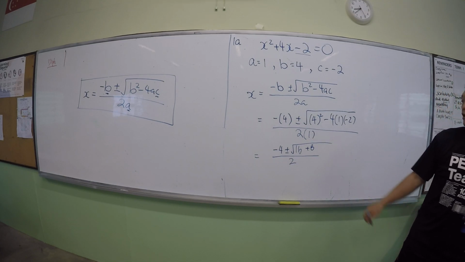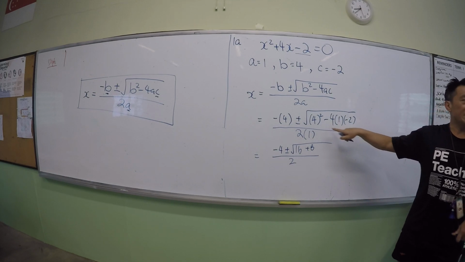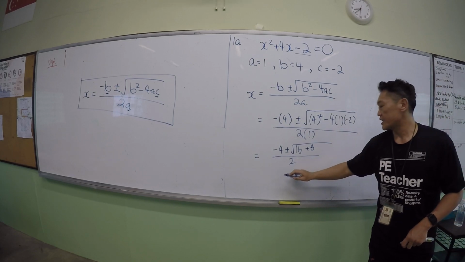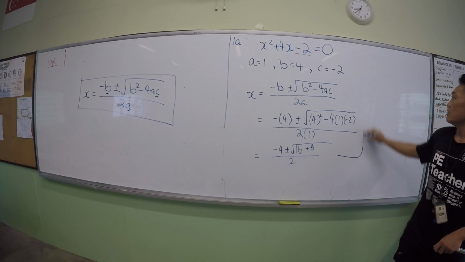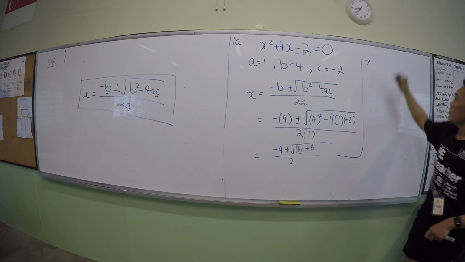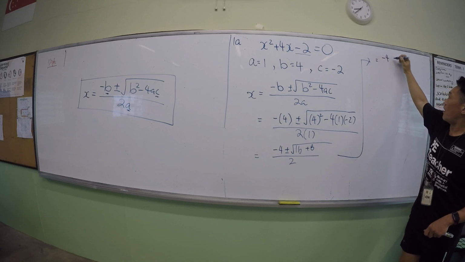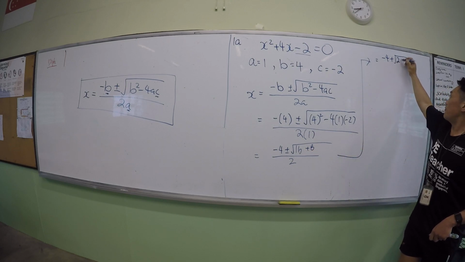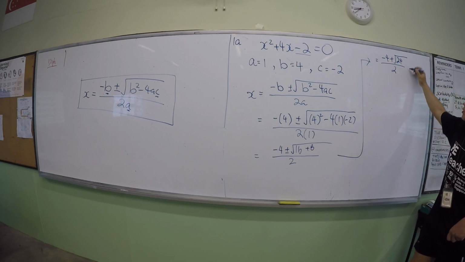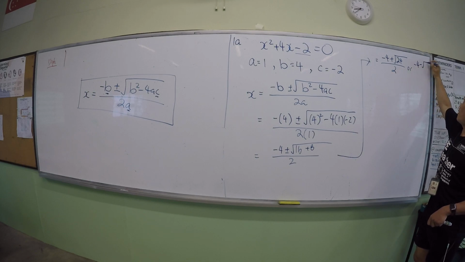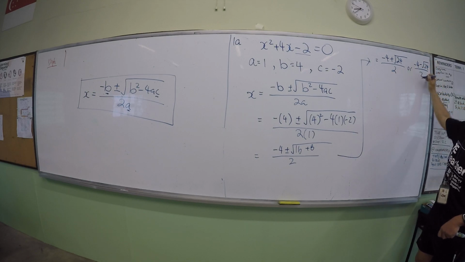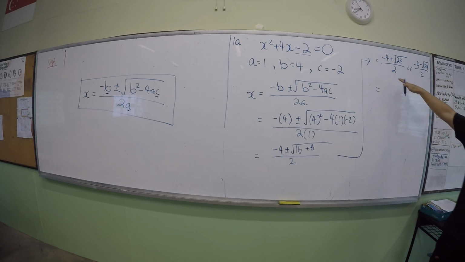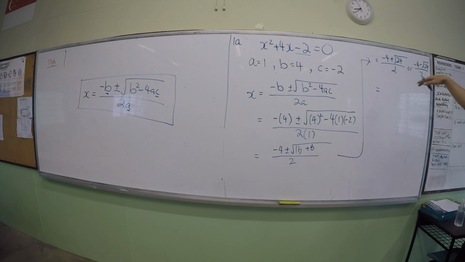Okay? All these values I will calculate out first so that later it becomes easier for me. Right here. Equals to negative 4 plus square root of 16 plus 8, 24. Whole thing divided by 2. Or negative 4 minus square root of 24 divided by 2. Okay? Then when I press calculator, I only need to press easier numbers.